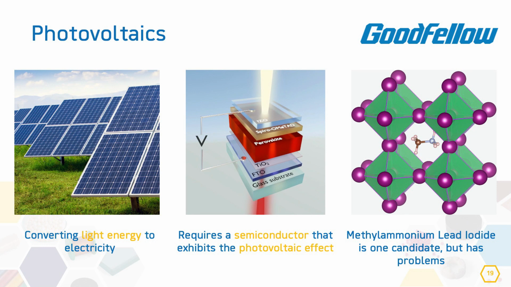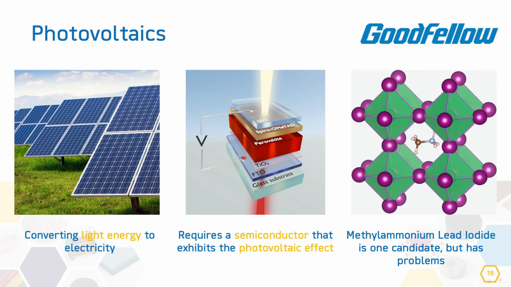So extensive research is taking place to replace this with another perovskite. For example, replacing the lead, which is a cation which has a lone pair, with another one which has a lone pair, such as bismuth, has been investigated for swapping this lead for bismuth in perovskites. And this is really an active area of research at the moment, to try and improve the stability of perovskite materials in solar cells.